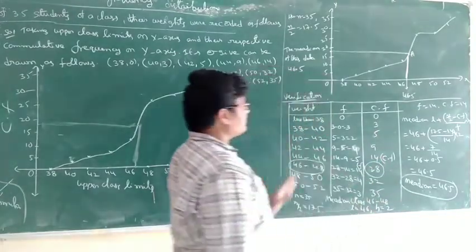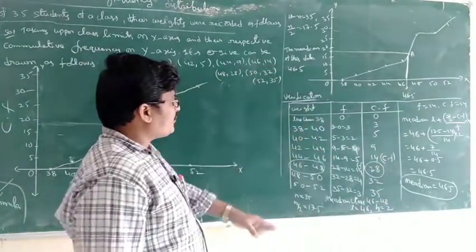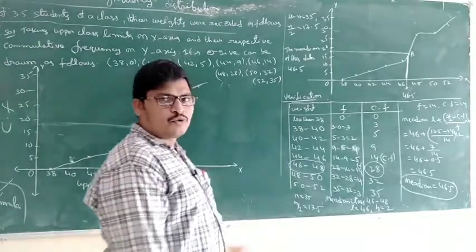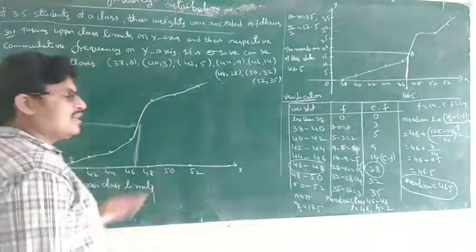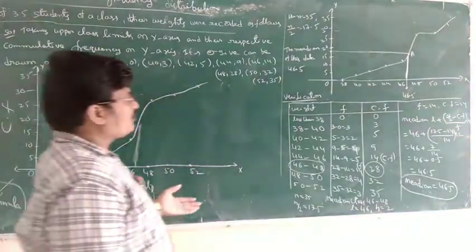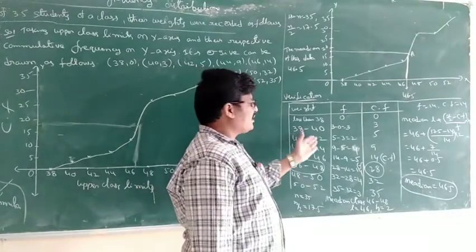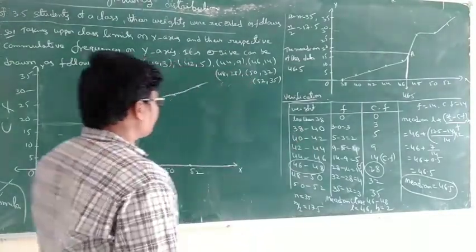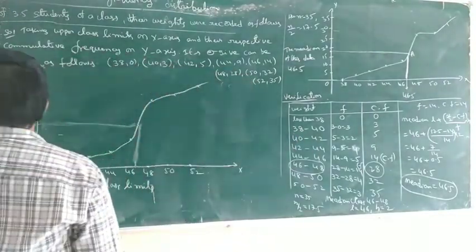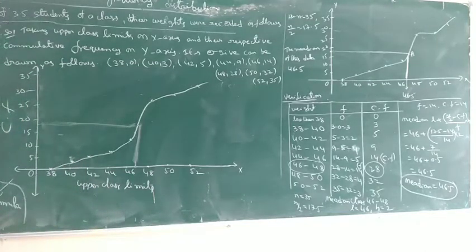So verification by using the formula. First, we must check whether more than type or less than type is given in the class intervals. So we have to convert into interval type. In this, it is less than 38, then 38 to 40.